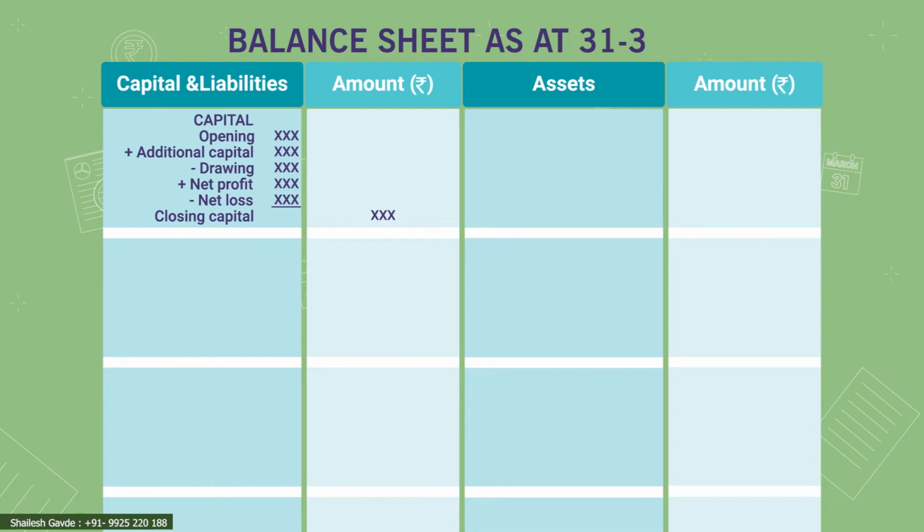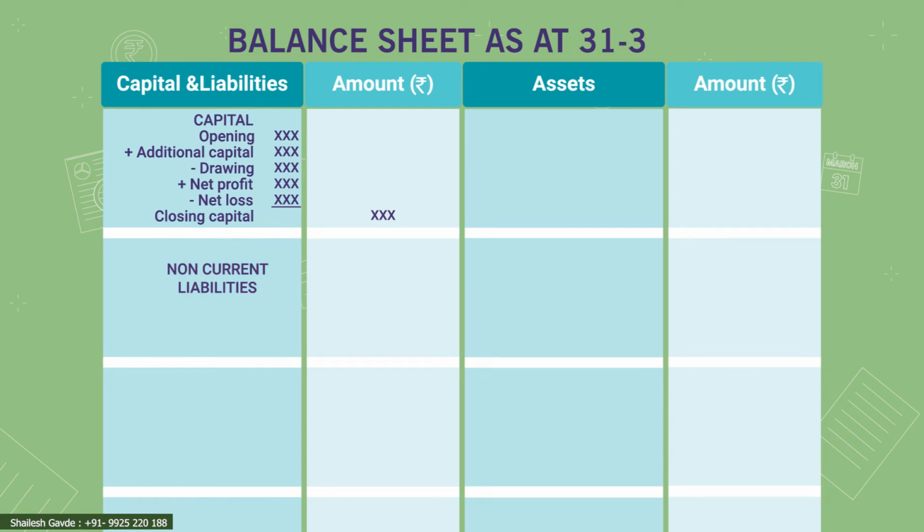The next item, we record all liabilities. In liabilities we first record non-current liabilities. Students, non-current liabilities are those liabilities which are to be repaid over a period of more than 1 year.